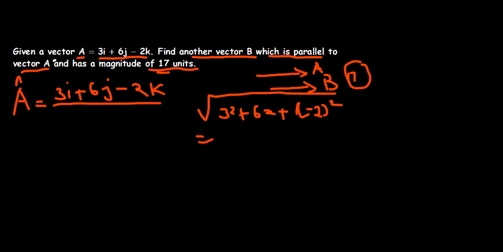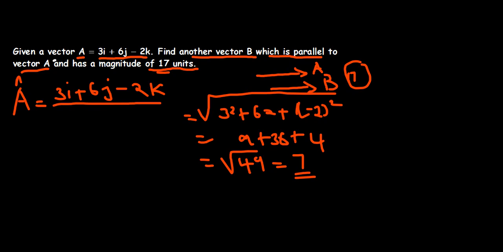The magnitude will be the root of 9 plus 36 plus 4, which is simply 49, because 36 plus 4 is 40, plus 9 is 49. Then we take the square root. What is the square root of 49? It's just 7, right?